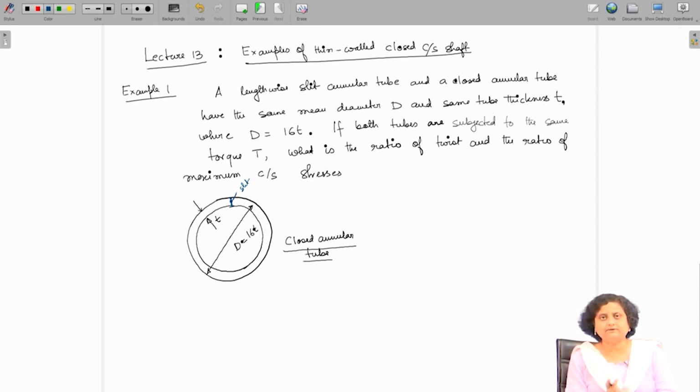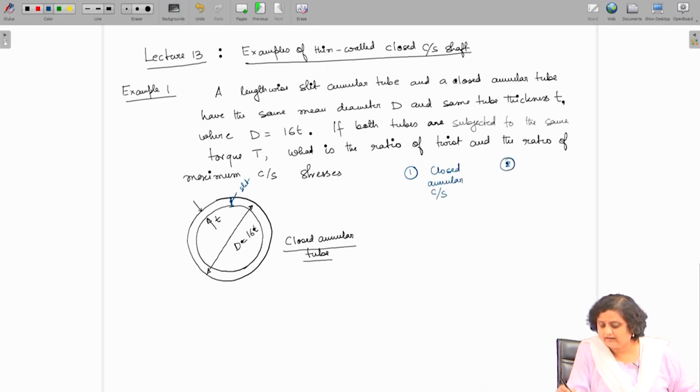A small cut is there on the annular tube. So, we have two such cross sections. The first is a closed annular cross section, and the second is an annular cross section with a slit.